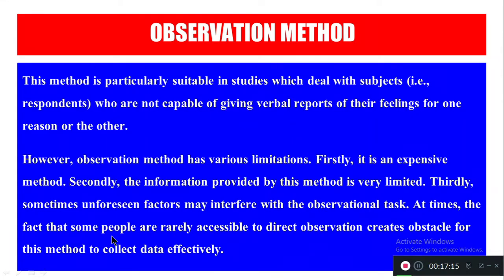Mainly, direct observation sometimes creates obstacles for collecting data effectively.